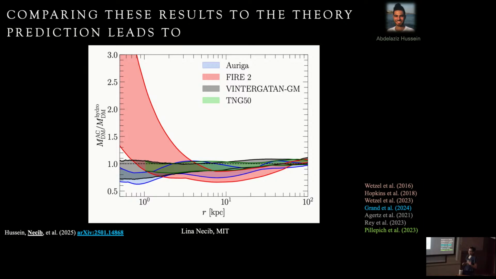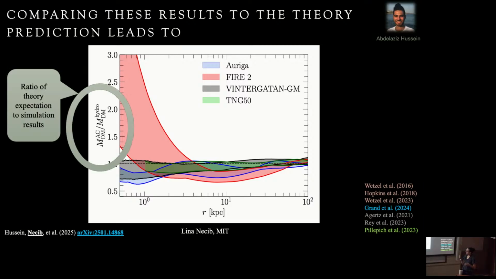If we take the pen and paper theoretical prediction for adiabatic contraction and divide it by what you actually observe from the hydro sim, so theory expectation to simulation, if it is 1, then it means that the actual theoretical expectation of adiabatic contraction is a good way to describe what you're actually seeing in the simulation.